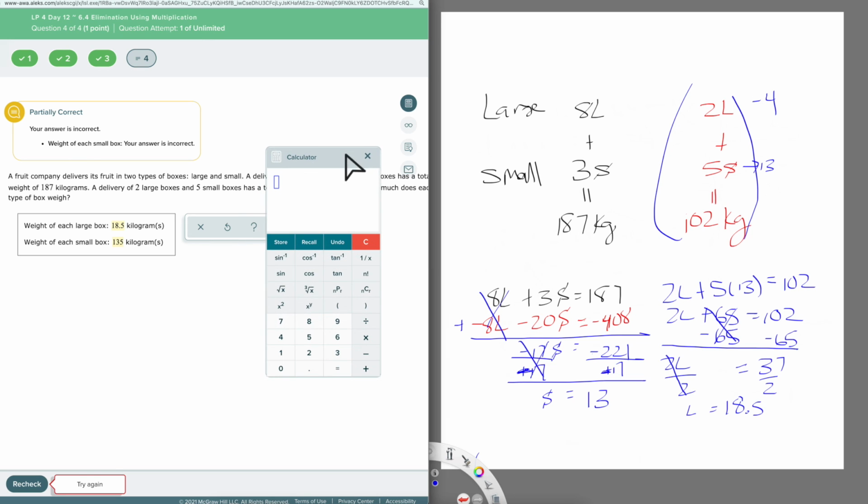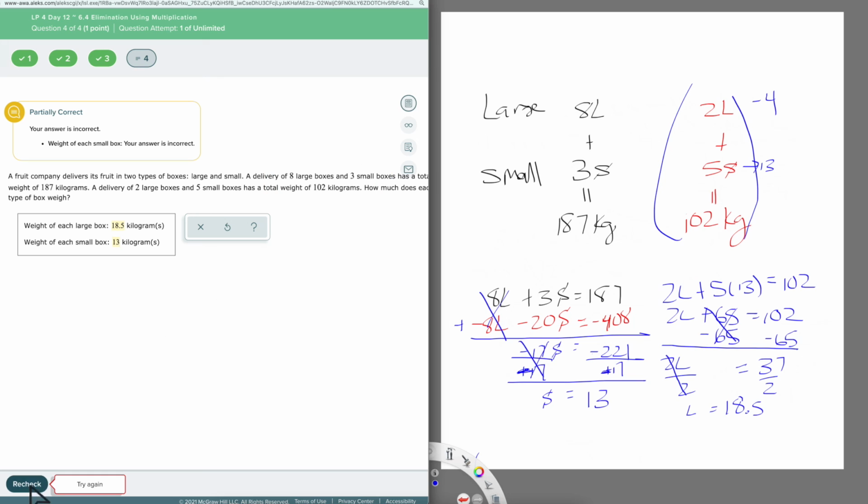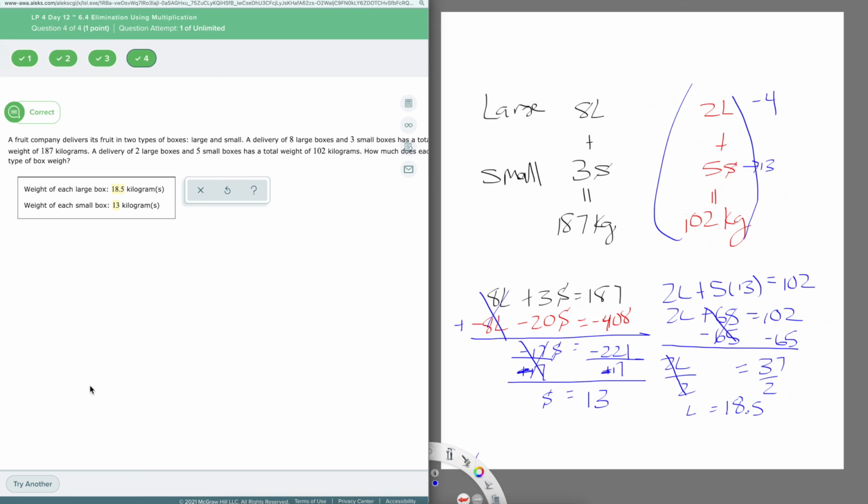So something went wrong with this one is what it's saying. Weight of each small box, your answer is incorrect. So the large box is correct. Oh, why is there a 5 on there? Ta-da! Okay, so it was okay. I just somehow typed an extra 5 on there, and I didn't notice it until I looked back at it.